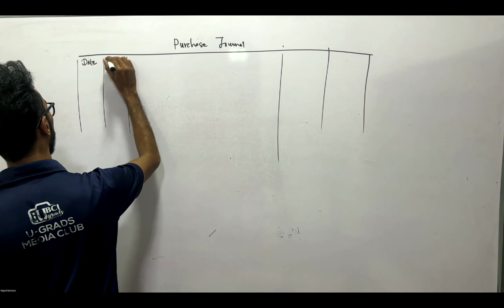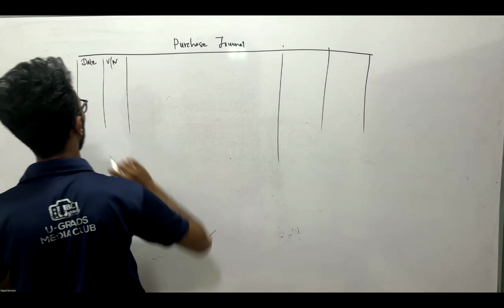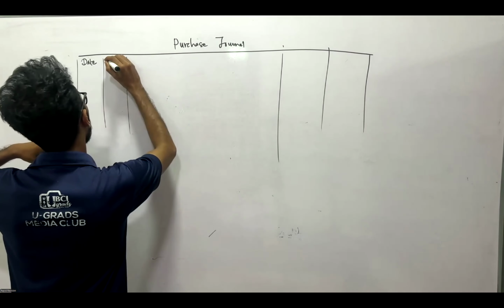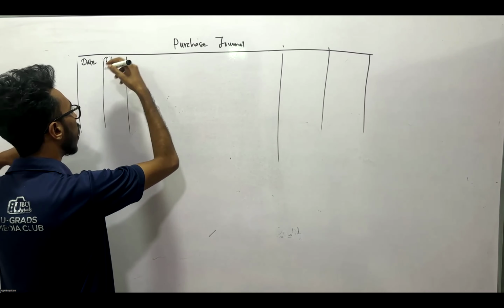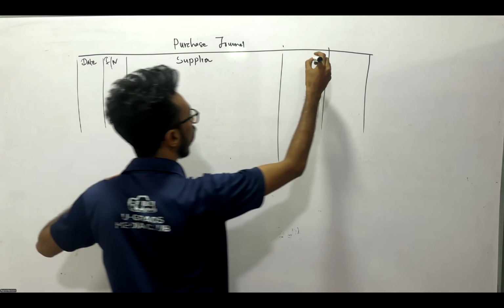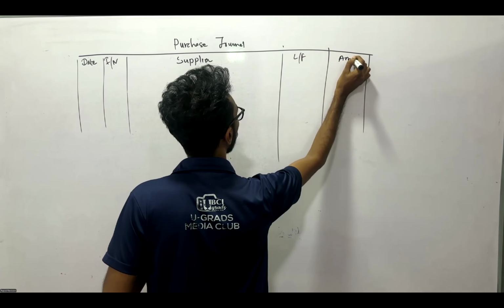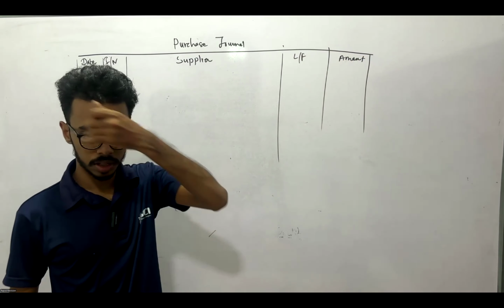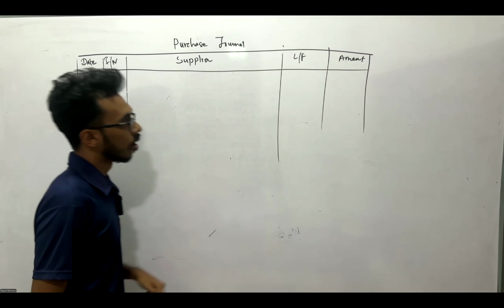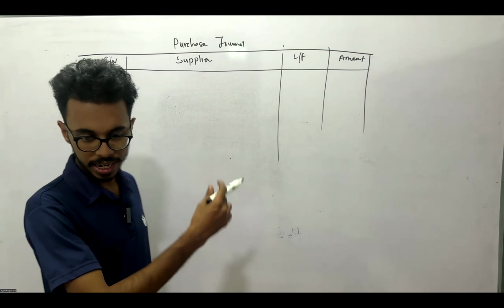We'll prepare the purchase journal with columns: date, invoice number, supplier, LF and amount.